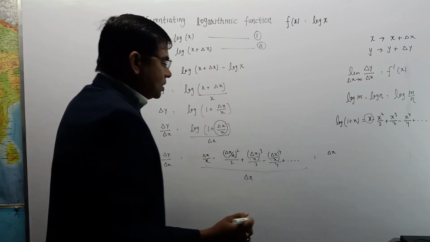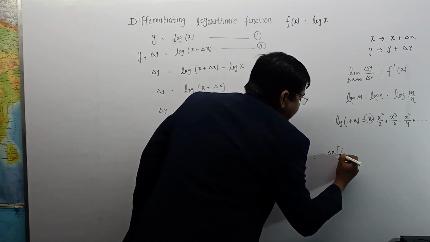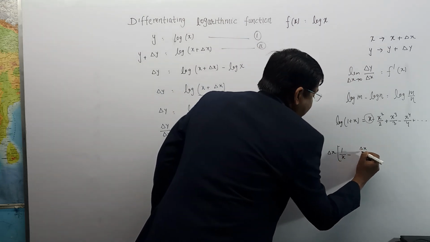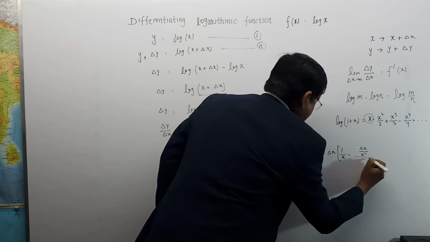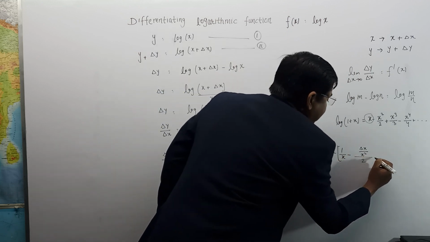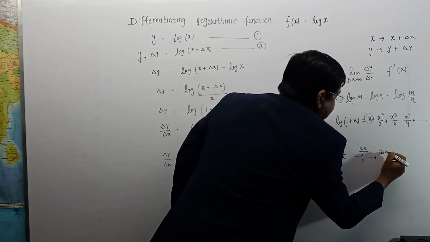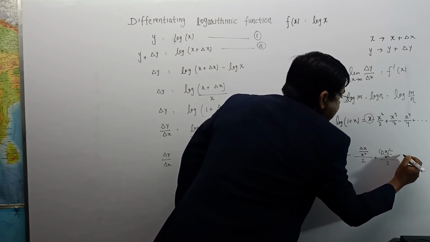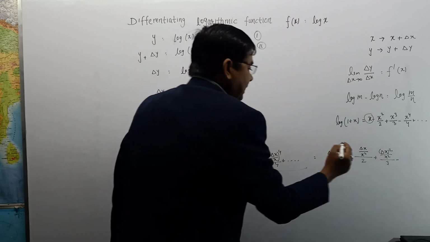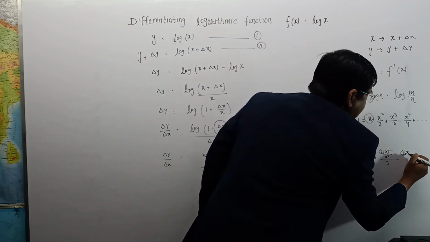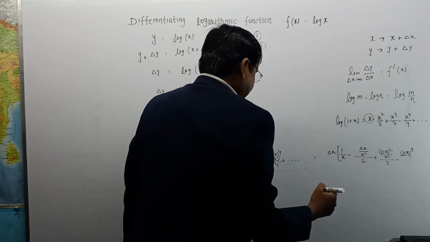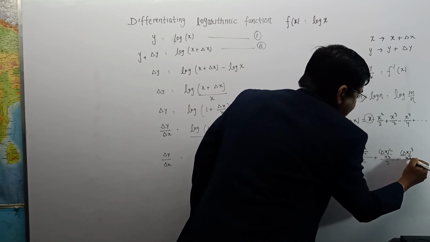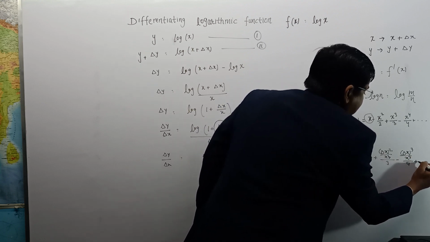So we have 1 over x minus delta x over x square over 2, plus delta x square over x cube over 3 minus delta x to the power 3 over x4 divided by 4 plus so on.